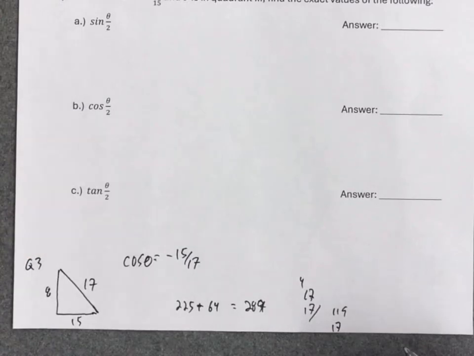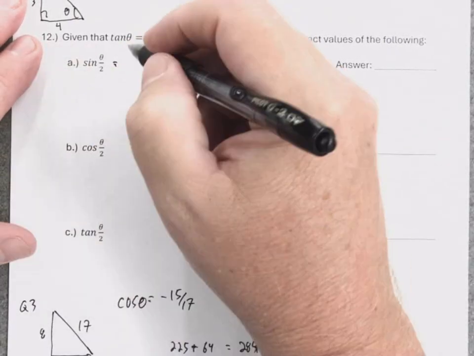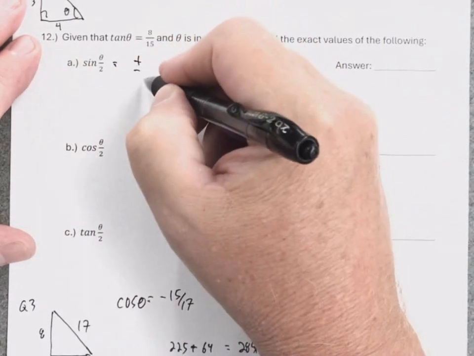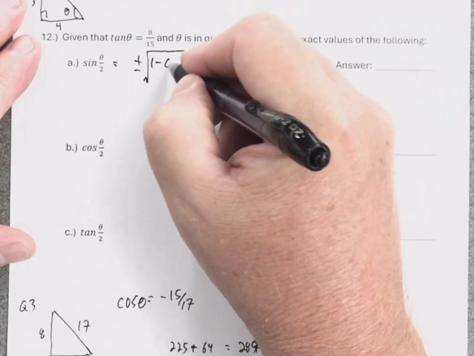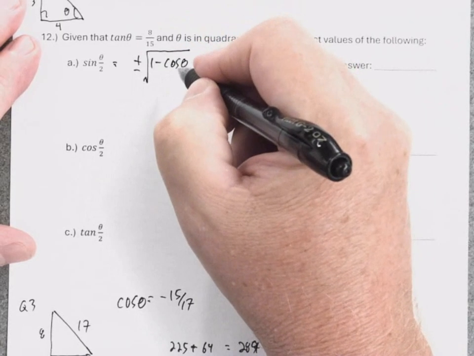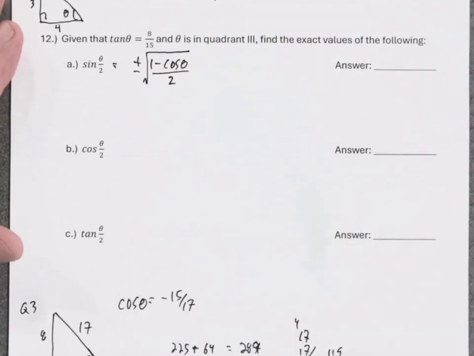Now I'm going to write down the formula for the sine of theta over 2. It looks pretty messy: plus or minus the square root of 1 minus cosine theta. Now, the plus or minus doesn't mean there are two answers. The answer is going to be either positive or negative. I'm going to take a minute and figure out whether the sign should be positive or negative.